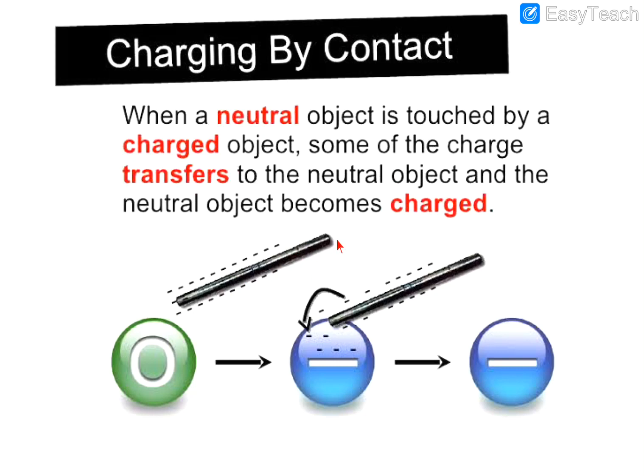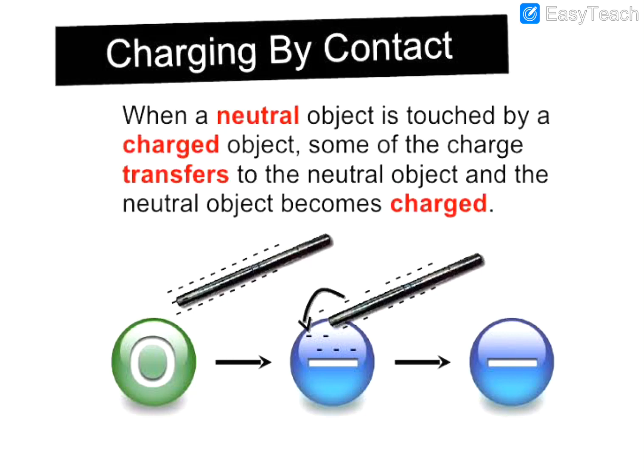So when you make contact, some of the electrons from your object will move to that object, hence the number of electrons in your object will decrease, and it will have more positive charges. So your object is said to be a positively charged object.